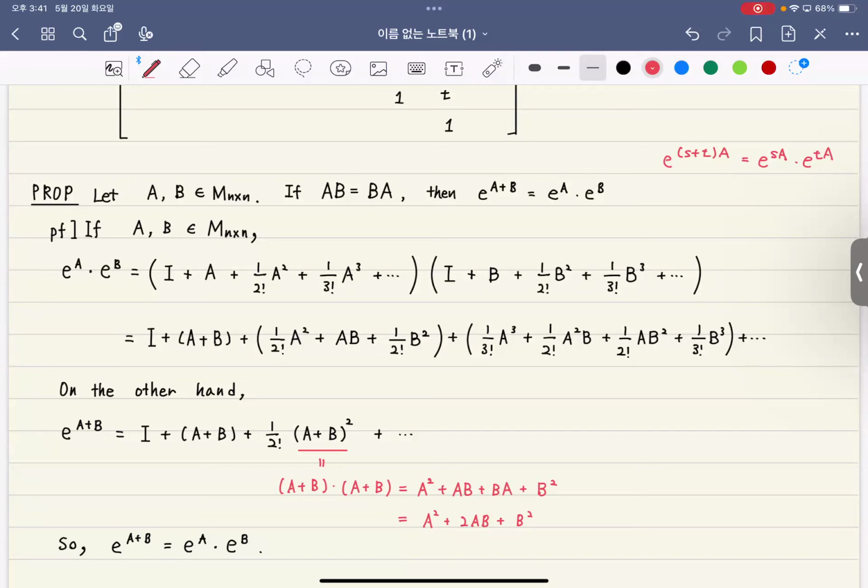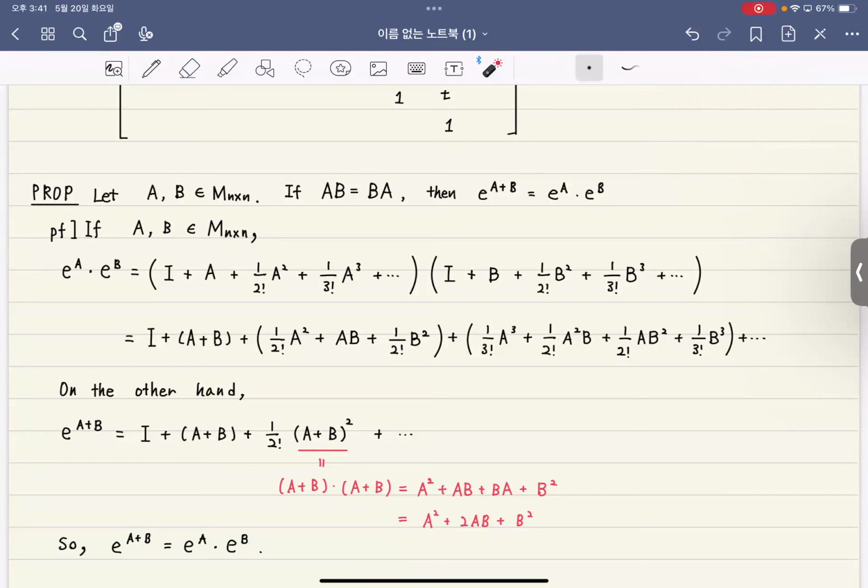Even though I introduced it without any justification, it turns out this proposition in red is a very special case of that proposition, because s times A and t times A clearly commute under matrix multiplication.